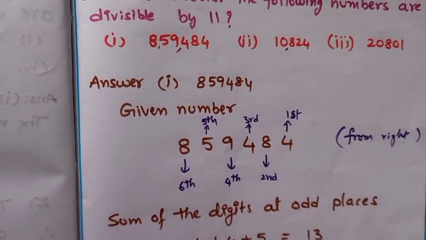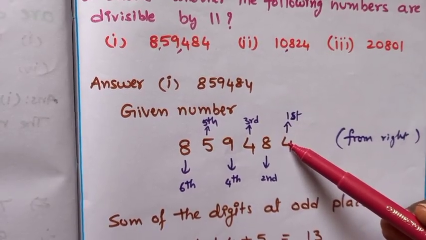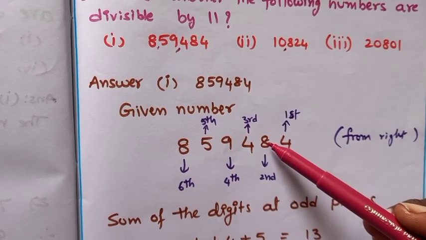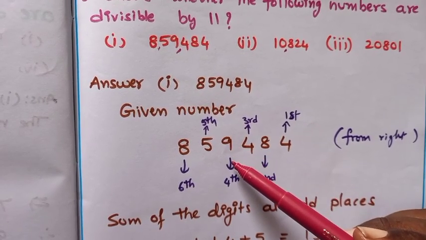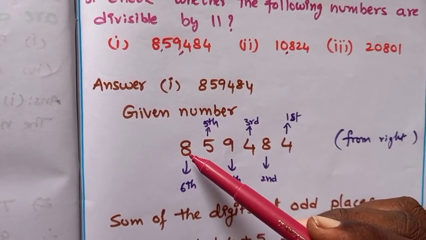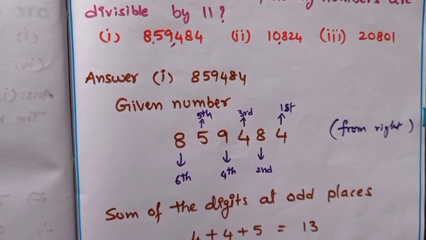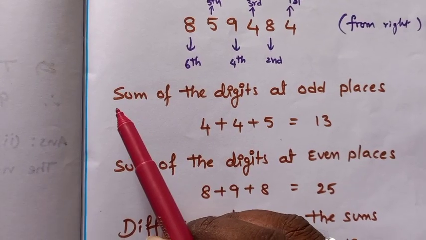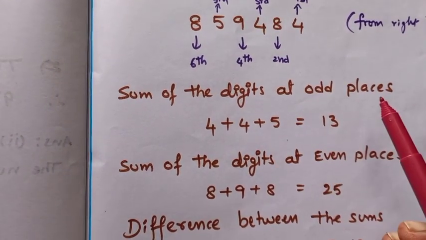First we have to identify the places. In the first place we have digit 4. In the second place digit 8. In the third place digit 4. In the fourth place digit 9. In the fifth place digit 5. In the sixth place digit 8. According to the divisibility principle, first we have to find the sum of the digits at odd places.